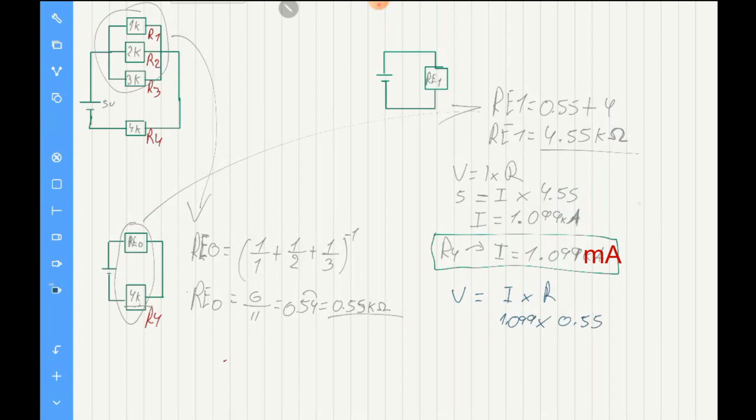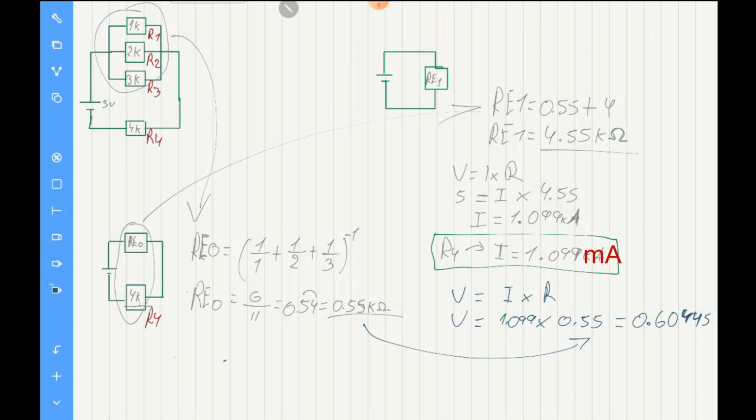That is equal to 0.60445. Okay, and with that we can calculate I1, I2, and I3.